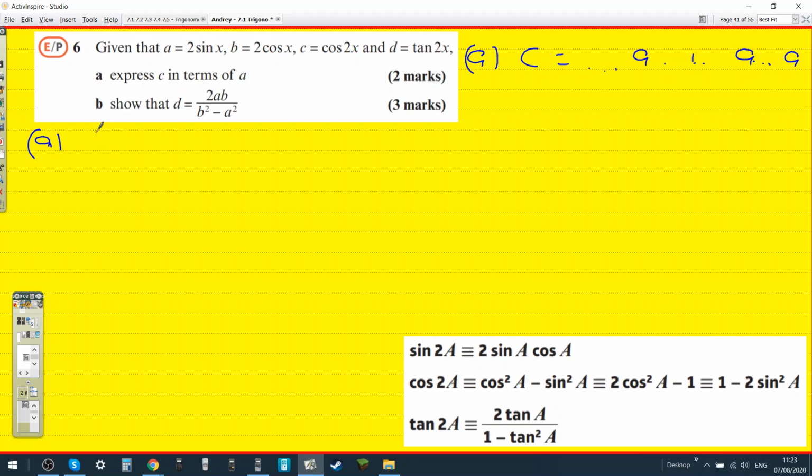So C equals 1 minus 2 sine squared x. But for a equals 2 sine x, should I make x the subject or no? Make sine squared x the subject. So a over 2 equals sine x. And then a squared over 4 equals sine squared x.